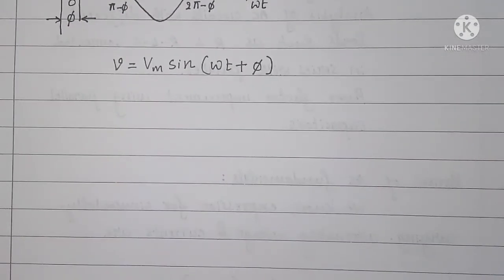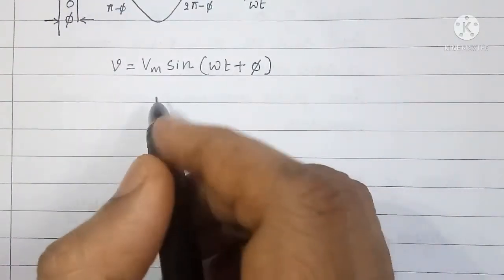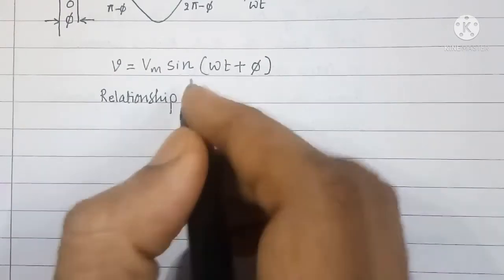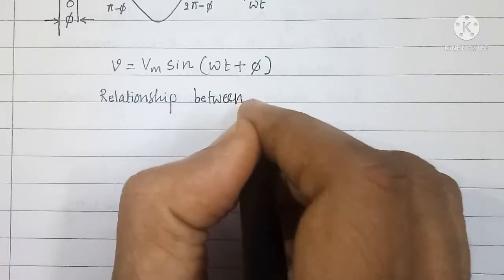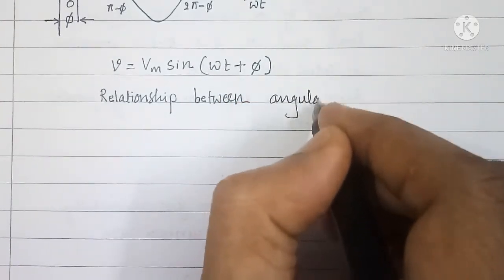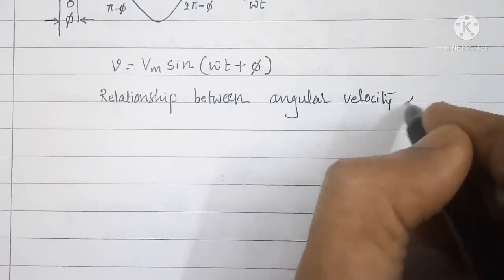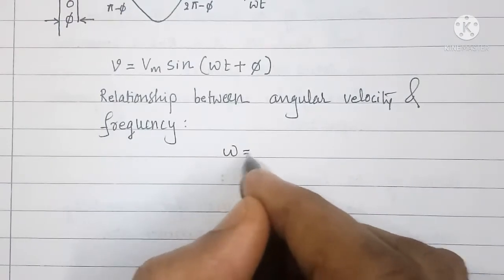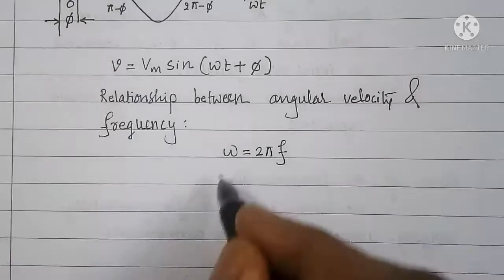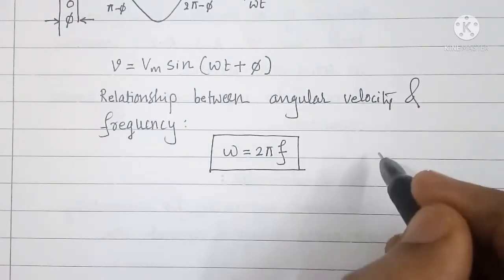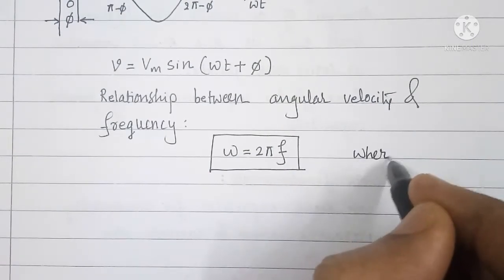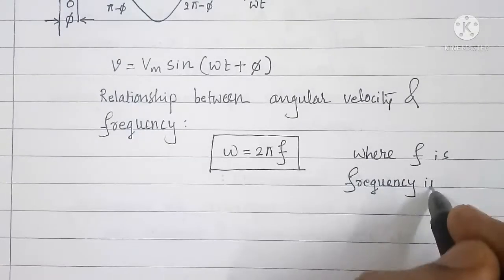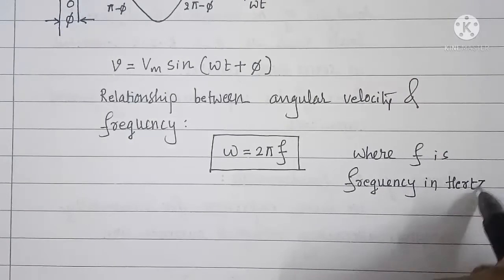There exists relationship between angular velocity and frequency, that is, omega is equal to 2 into pi into f, where f is frequency in hertz.